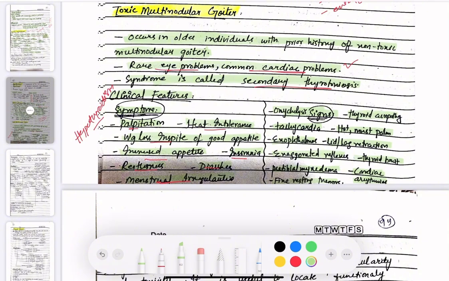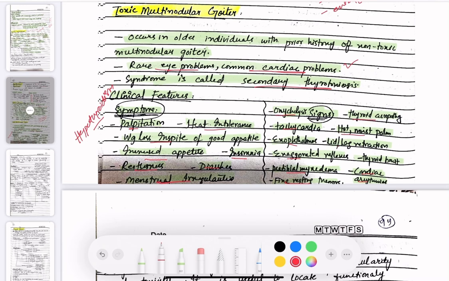Tremors, palpitations, and tachycardia are present, along with exophthalmos, exaggerated reflexes, pretibial myxedema, cardiac arrhythmias, hot moist palm, and lid retraction.